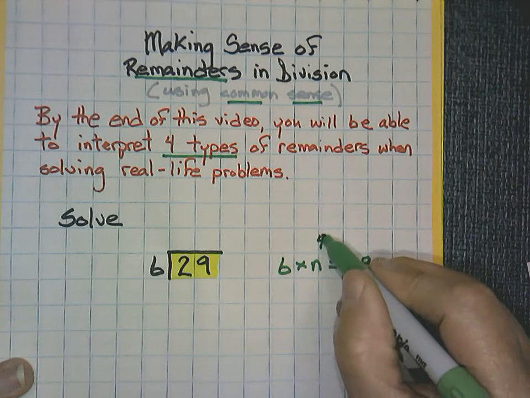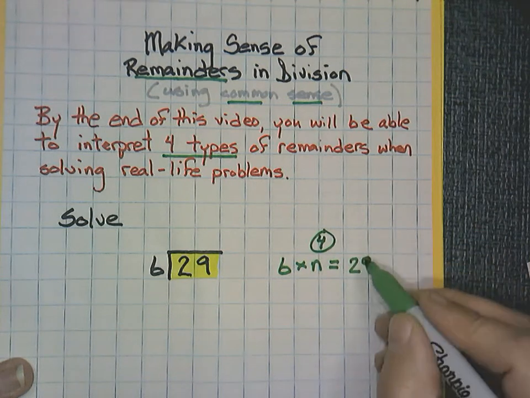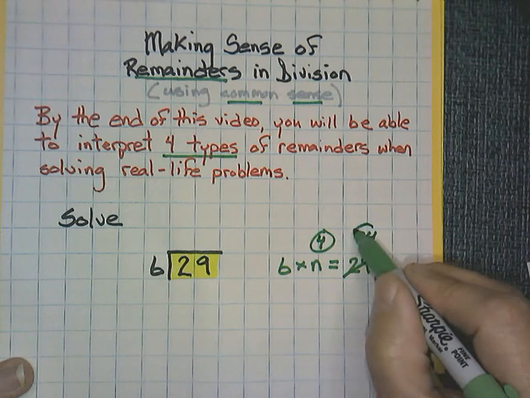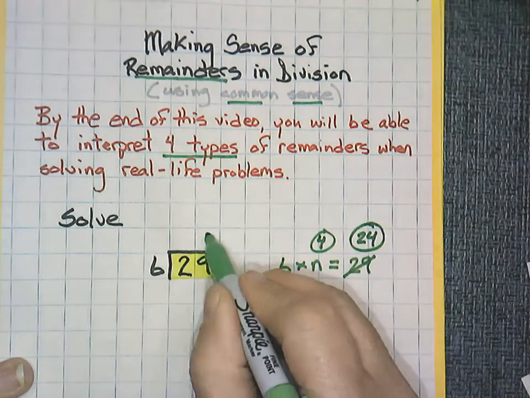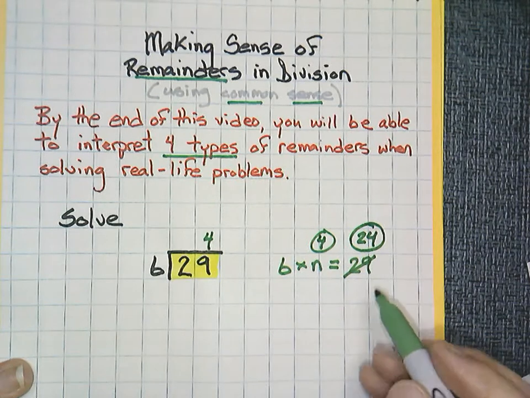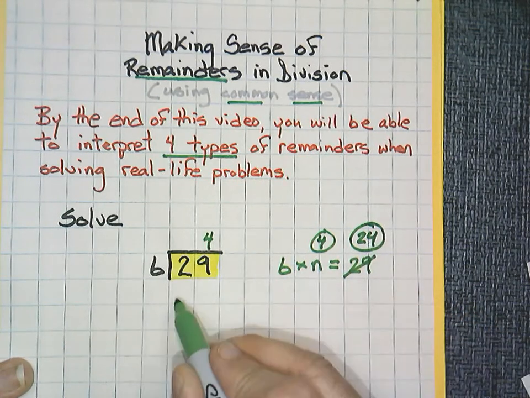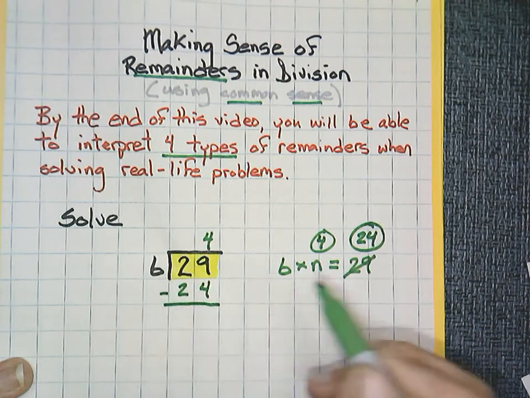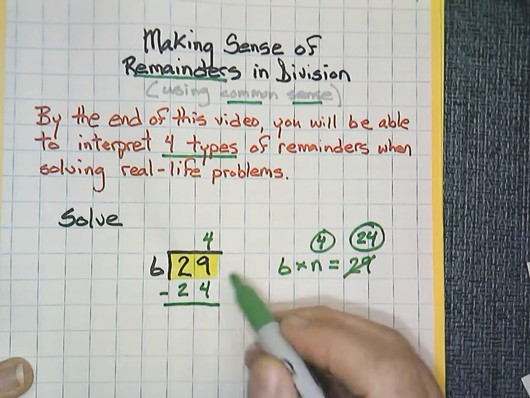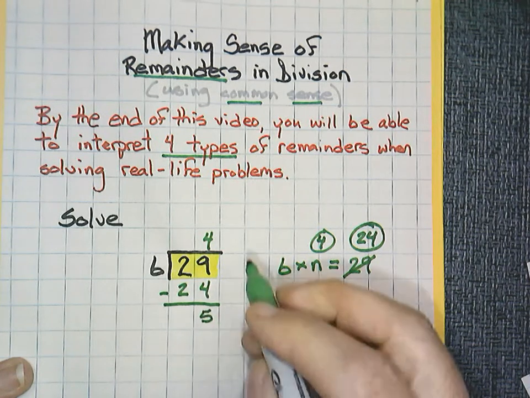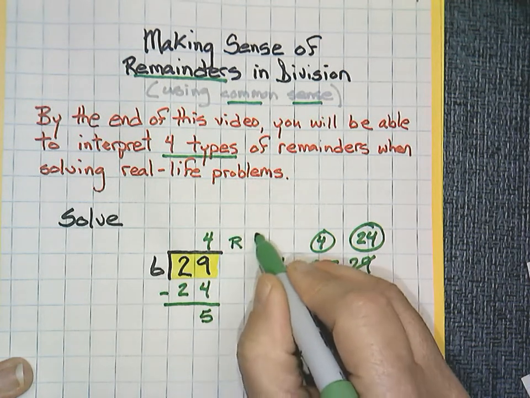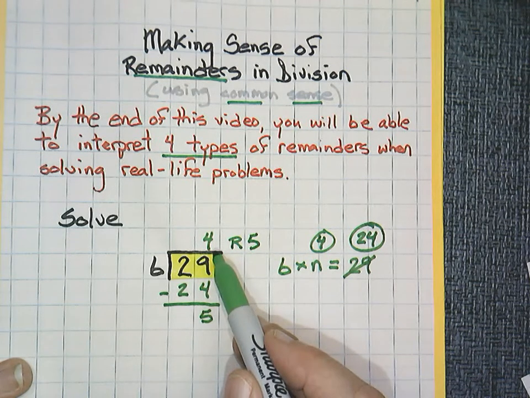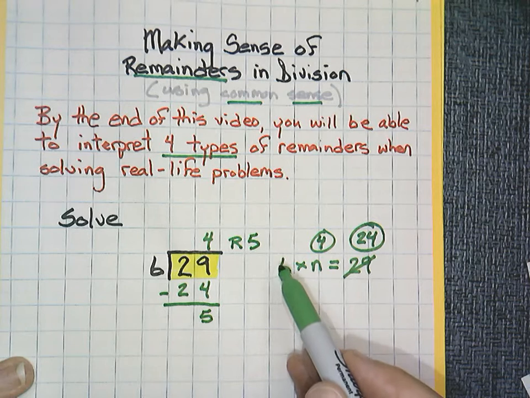So to solve for n would be 4, but it does not equal 29. It equals 24. I'm going to circle and use both numbers, 4, and then our 24. We subtract to see how close we got, and that would be 5. So 29 divided by 6 is 4 with a remainder of 5.